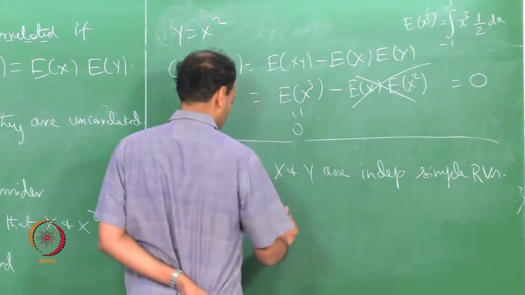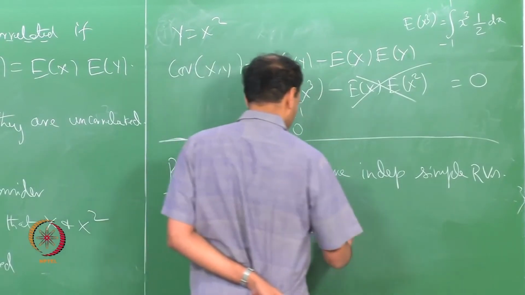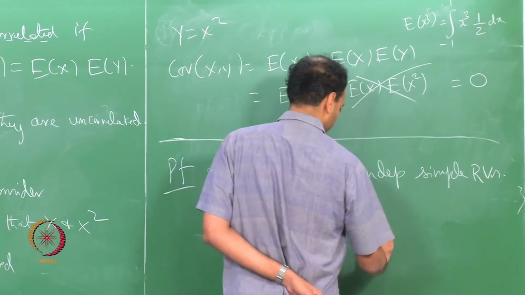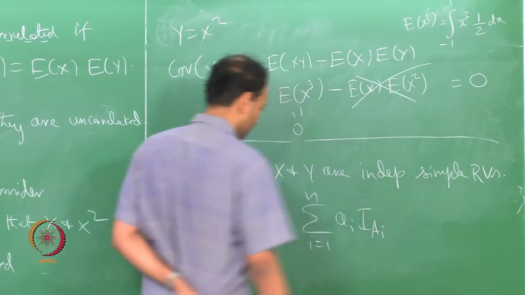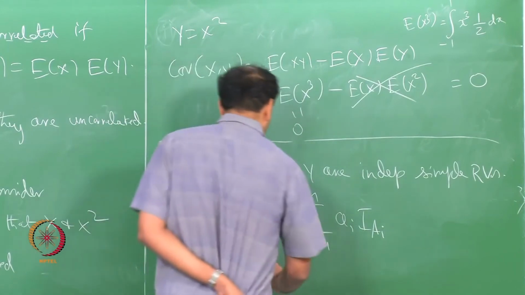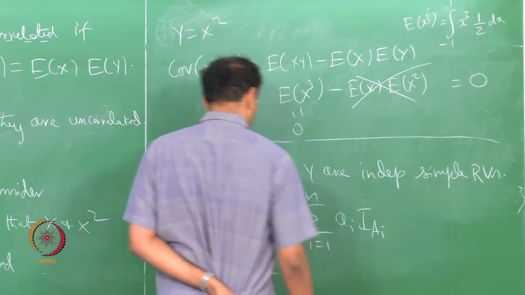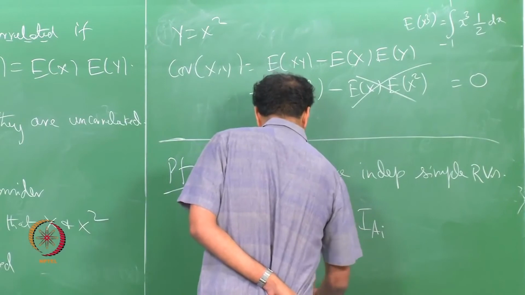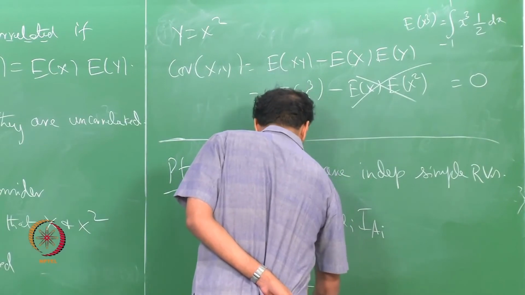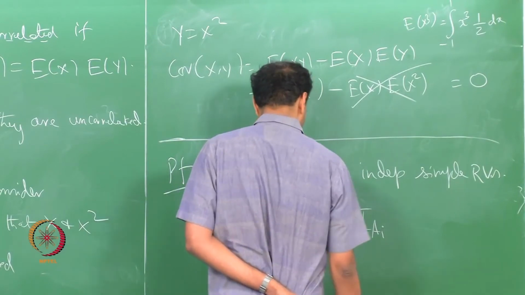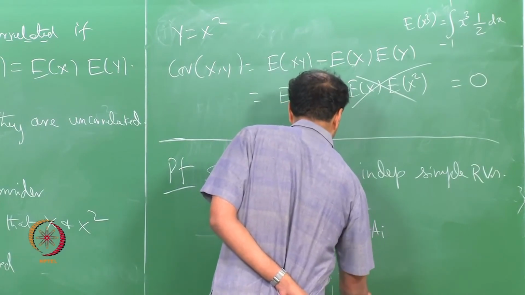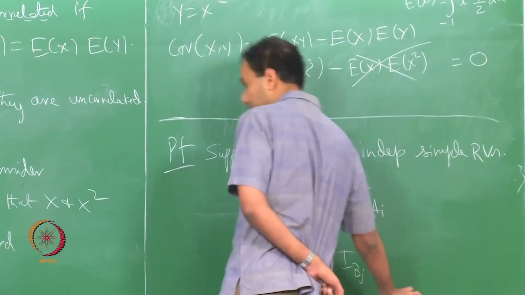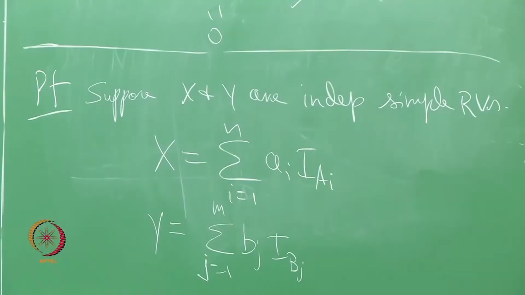So x has a representation sum over i of a_i indicator of A_i, and y has sum over j equals 1 through m of b_j indicator of B_j, okay.